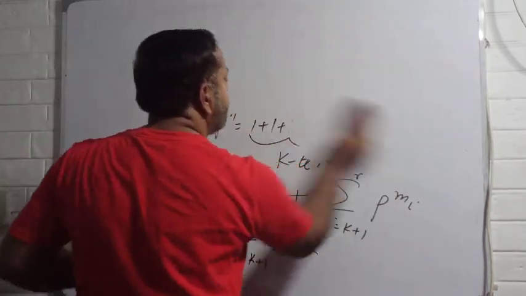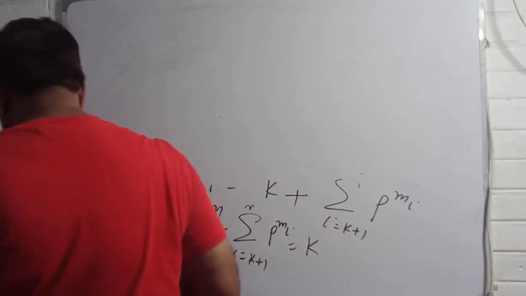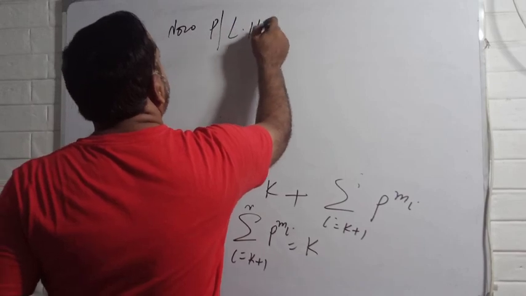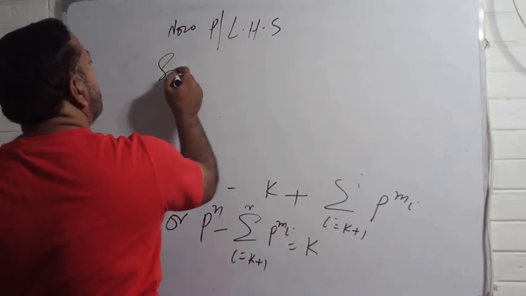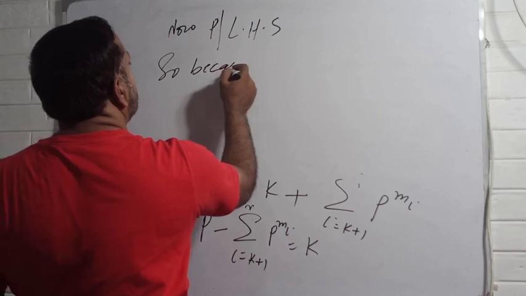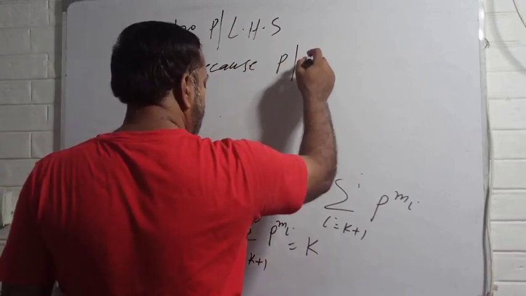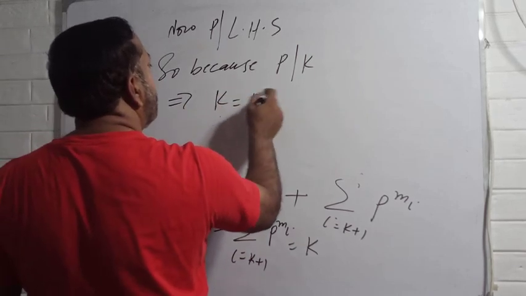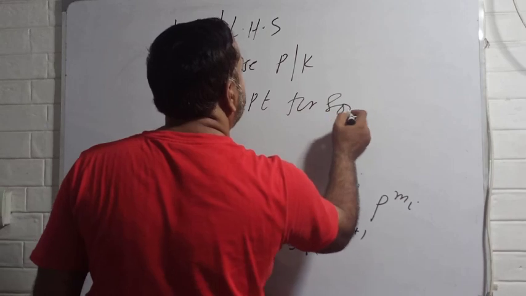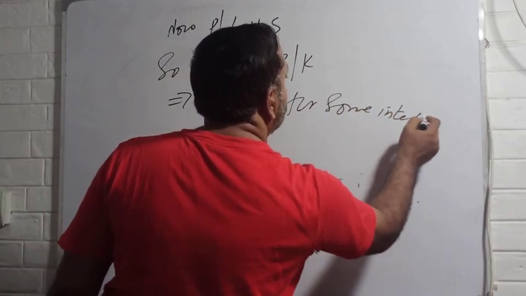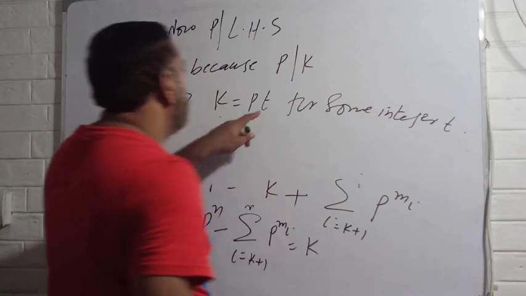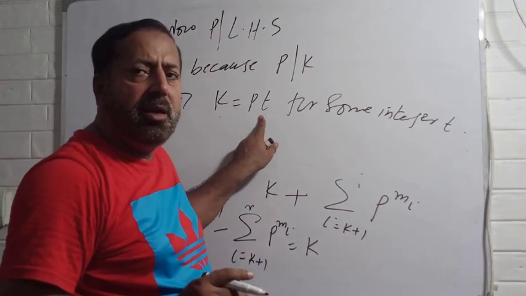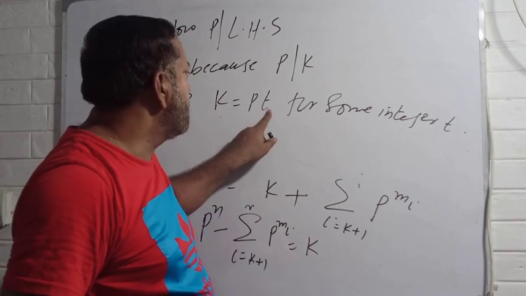Now, because P divides k, this implies k is equal to PT for some integer T. If T is equal to 1, then k is equal to P, or T may be any other integer.